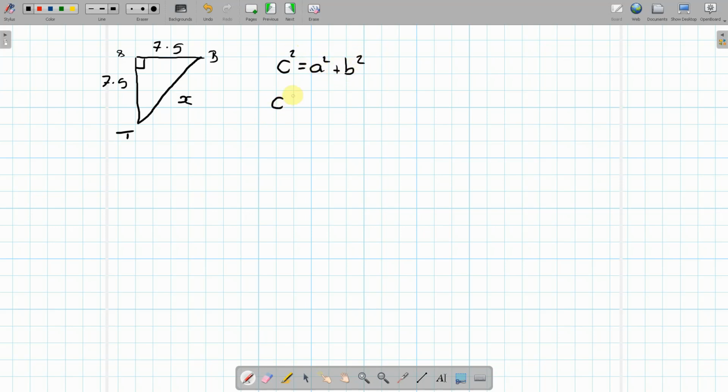Now we're trying to find C squared, so it's going to be 7.5 squared plus 7.5 squared.